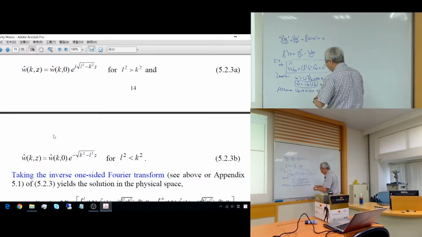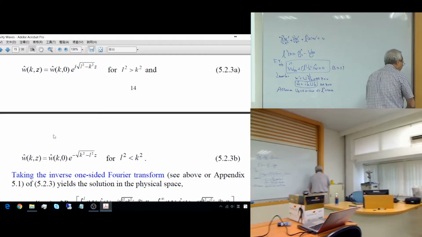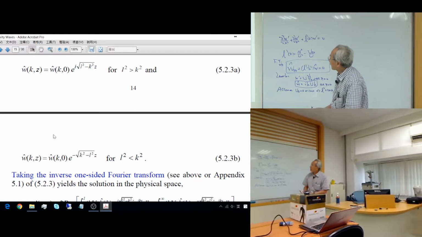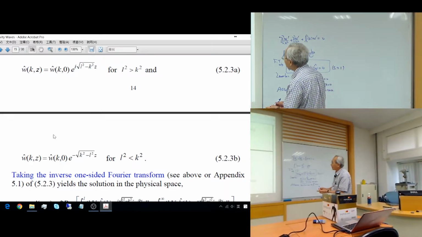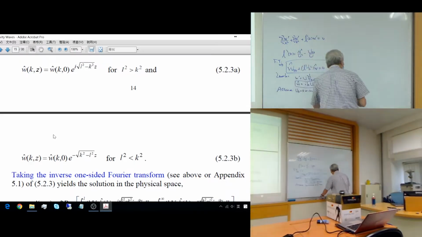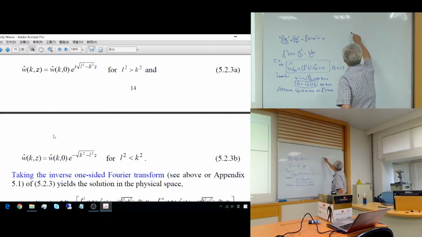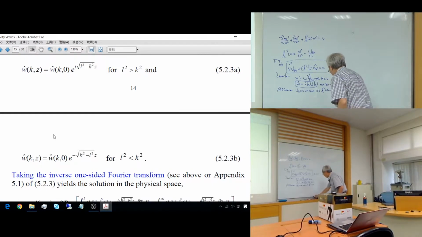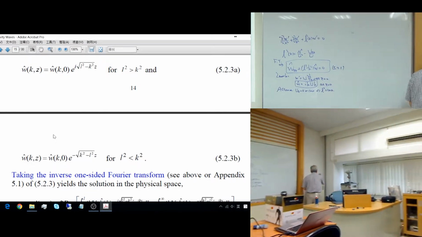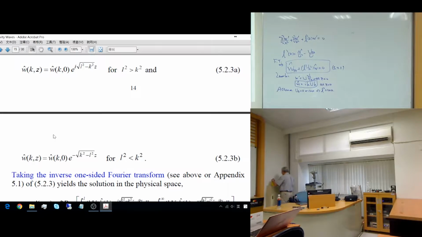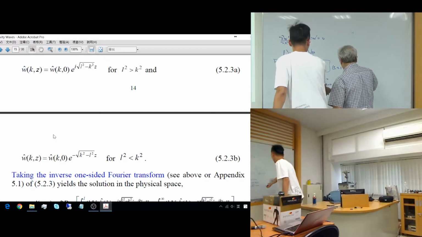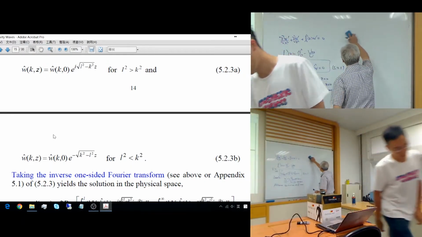Maybe the ink is too strong, so stick with it. Let me try using this one. Okay, so now once we solve it, then we have W hat. Oh, this is not good. I don't like this. This one is too strong. Oh, okay, good. Nice.